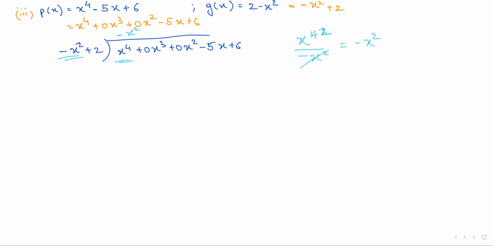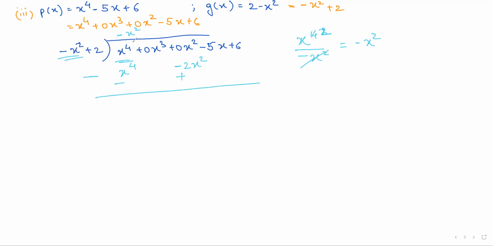I will multiply this minus x square with the whole thing, both the terms. So minus minus gets plus, x to the power 4, minus x square into plus 2, which is minus 2x square. Subtracting, the second signs get changed, plus got changed into minus, minus into plus.